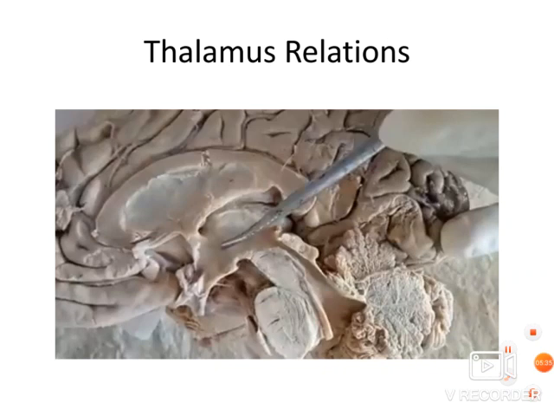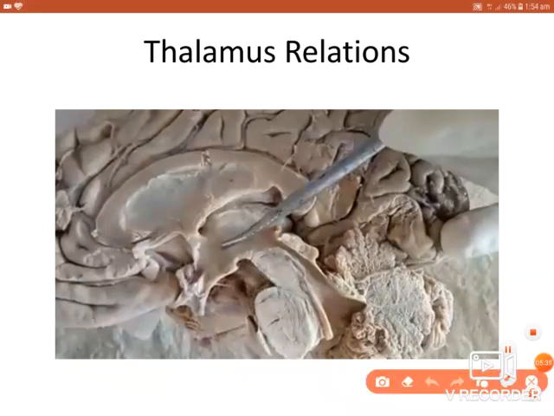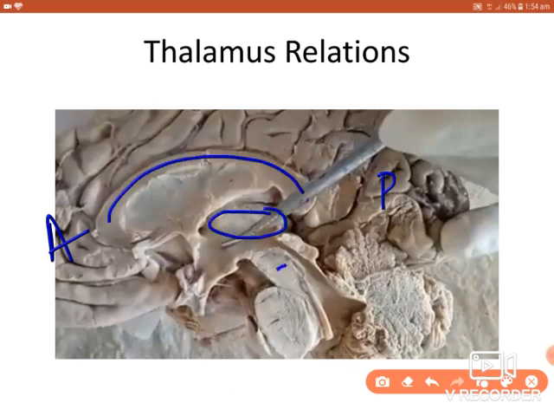Here this is again the sagittal view of the cerebral hemisphere, showing anteriorly and posteriorly. You can see the thalamus, the corpus callosum, the midbrain, pons, cerebellum, and the hypothalamus. See here, this is the anterior pole, which relates to the interventricular foramen. It also relates to the internal cerebral veins. This forms the superior surface.